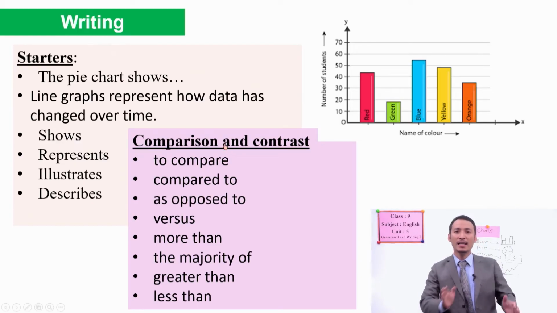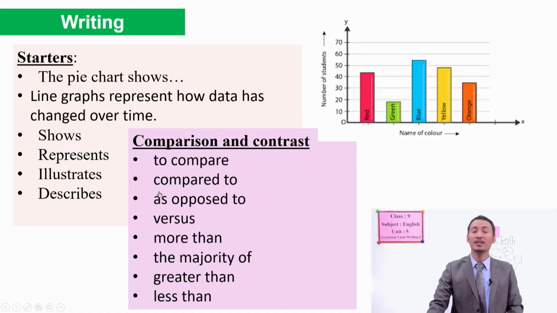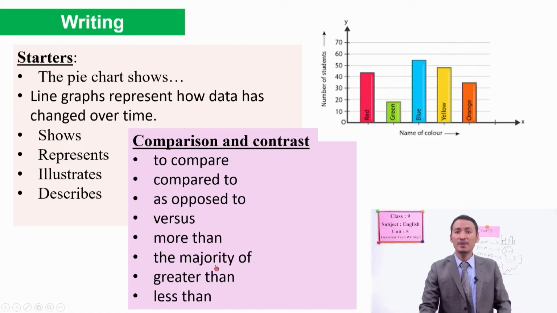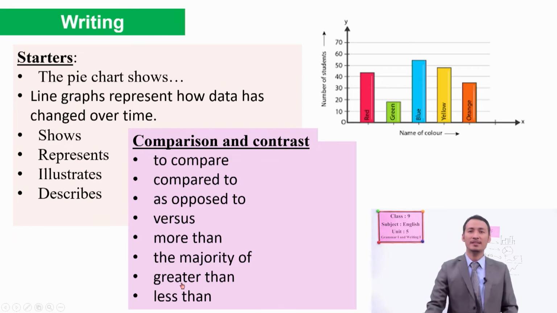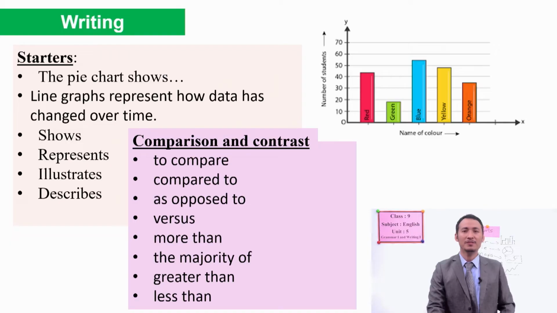Okay, and while comparing both charts, you can use words like to compare, compared to, as opposed to, versus, more than, the majority of, greater than, or less than. These are some helpful phrases for you to write.